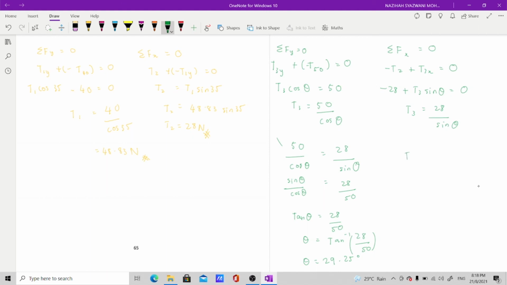We have our angle, so we can substitute it into either of these equations. I am going to use T3 equals 28 over sine theta, where theta is 29.25 degrees. Press your calculator.